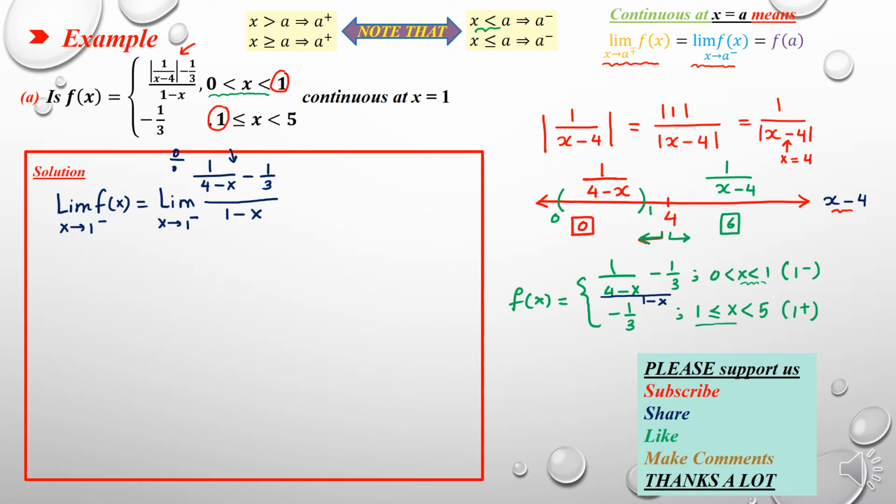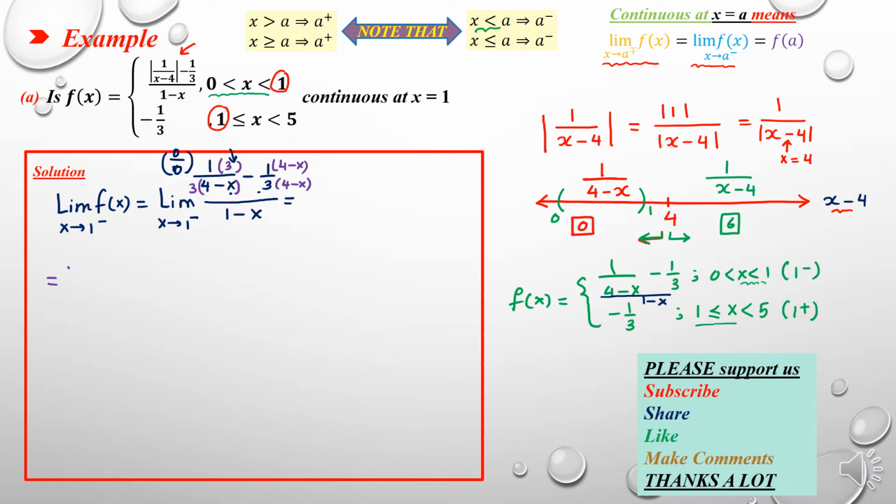So you have to do something to find the limit. Here we have two rational expressions, and you have to make the denominators the same because we have unlike denominators. So you have to multiply the first one by 3 and the second one by 4 minus x to get like denominators.